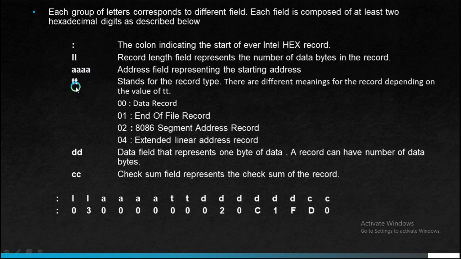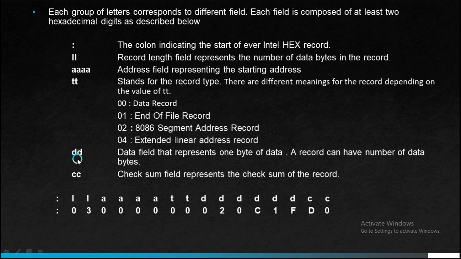TT stands for the record type. Basically there are 4 record types, described using 2 digits, that is 00, 01, 02 and 04. 00 represents a data record, 01 represents an end of file record, 02 represents an 8086 segment address record, and 04 represents an extended linear address record.